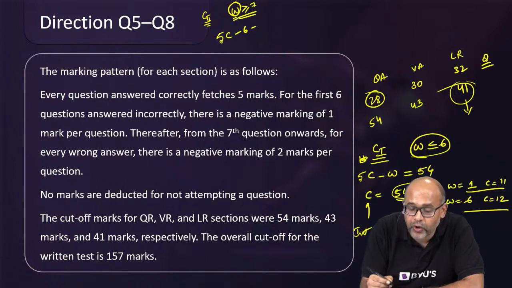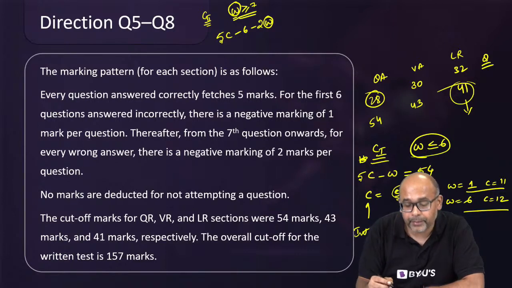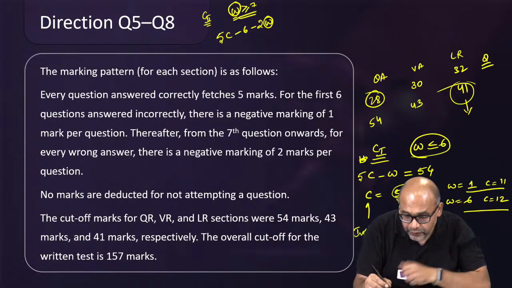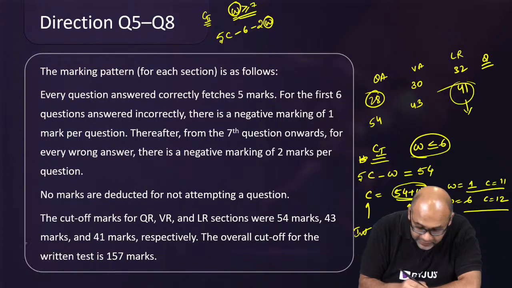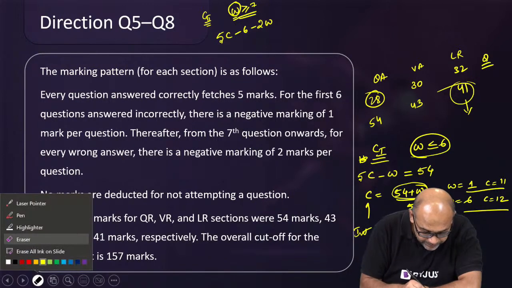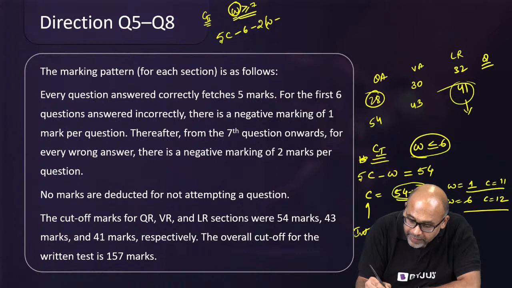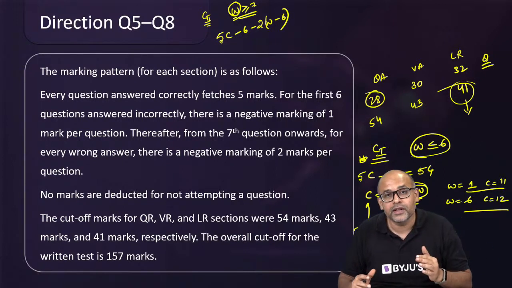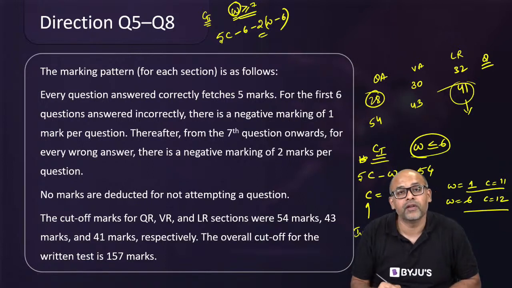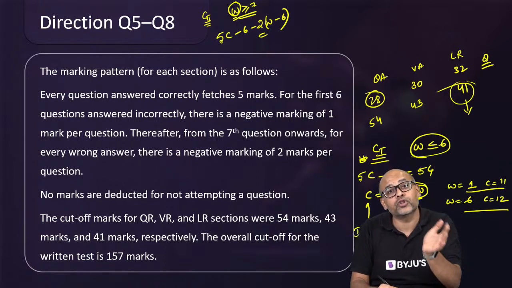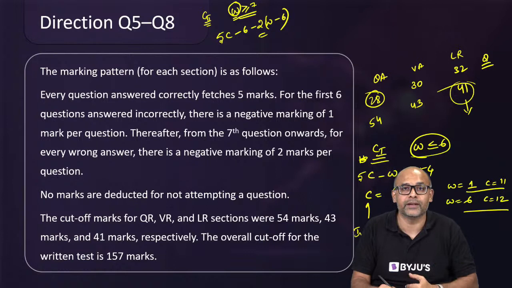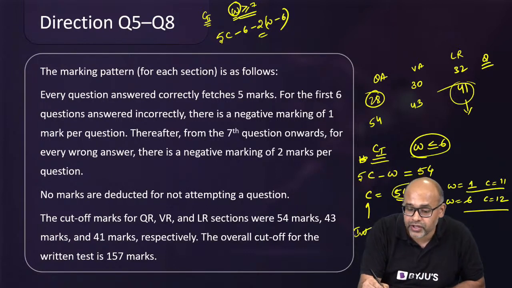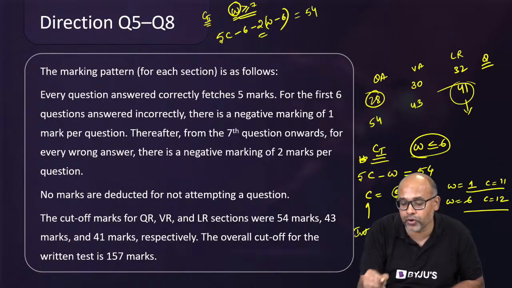Now for the wrongs here, 2 times (W minus 6). Do you understand why I took W minus 6? Because my 2 negative marks apply only to the extra questions above 6, not to everything. So this should add up to 54.